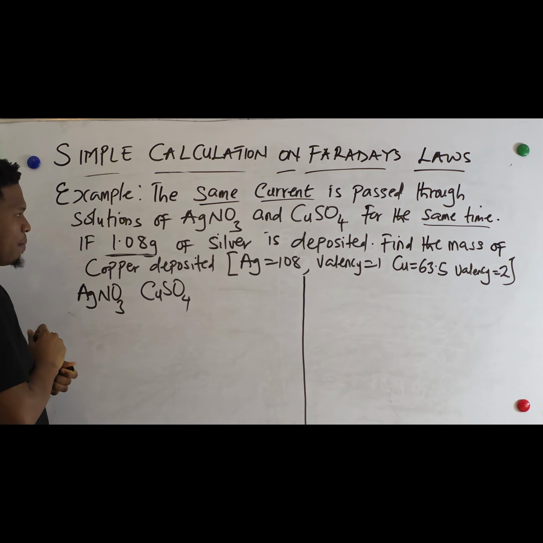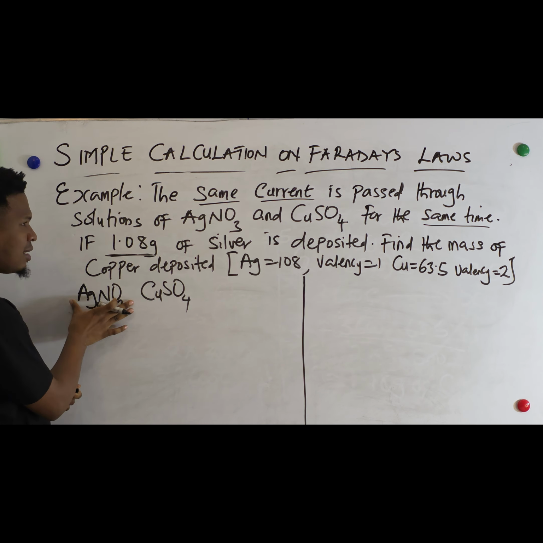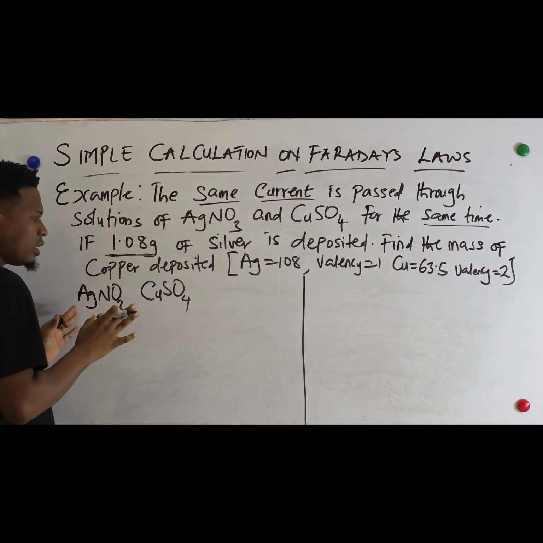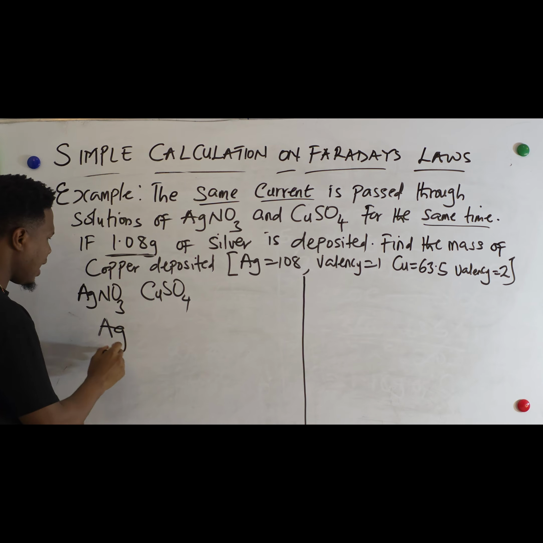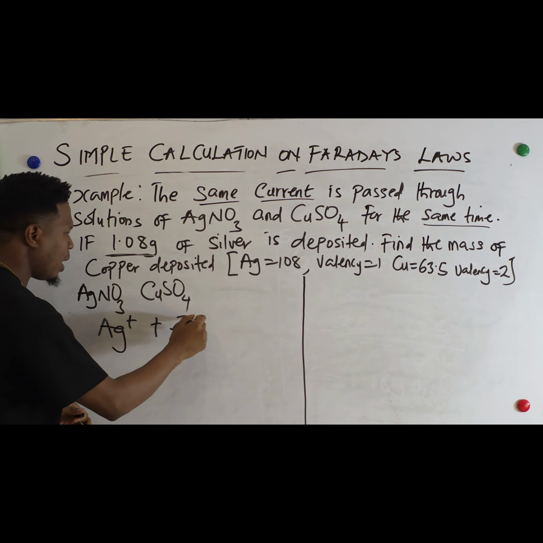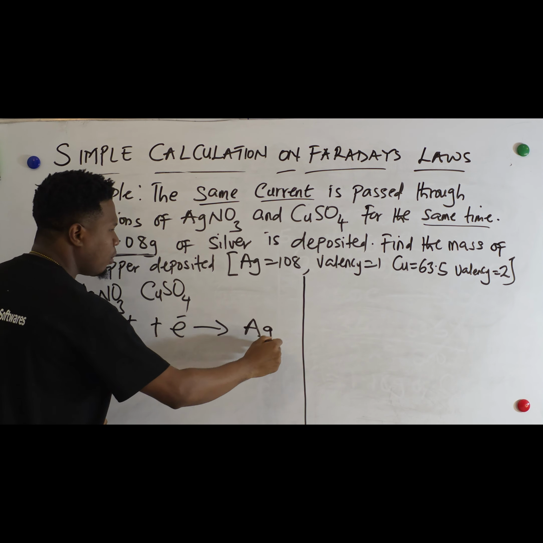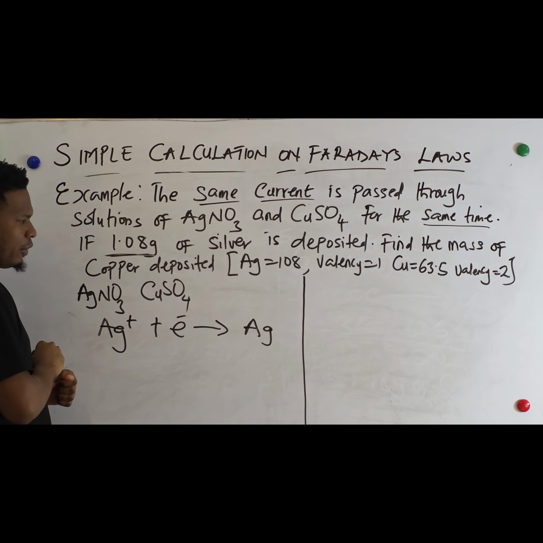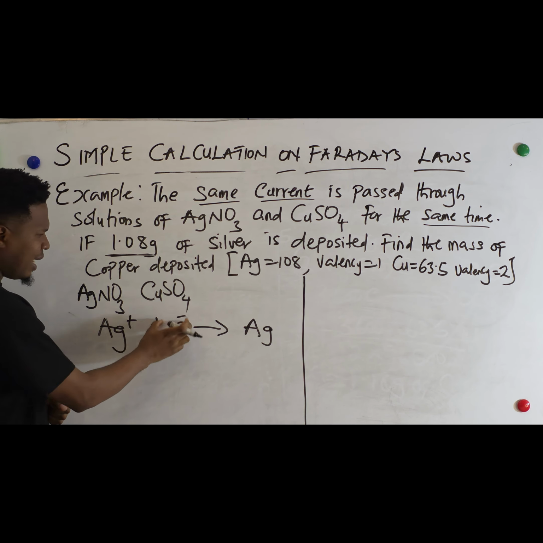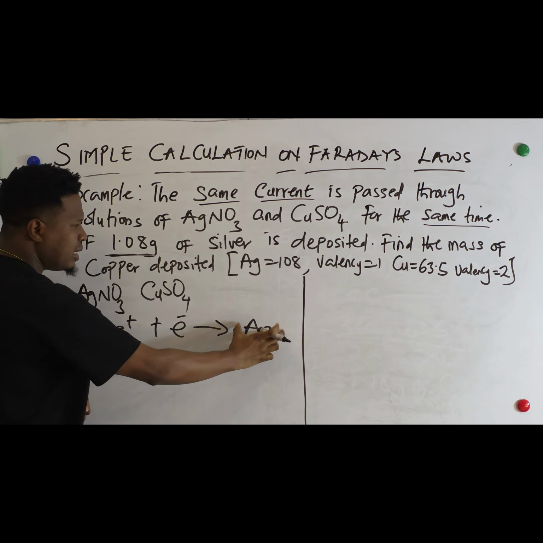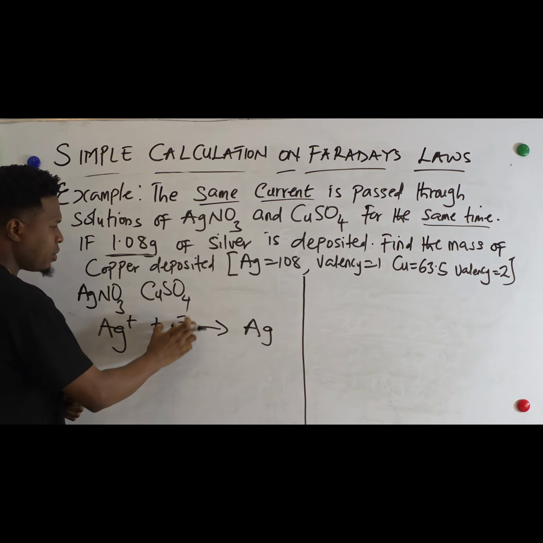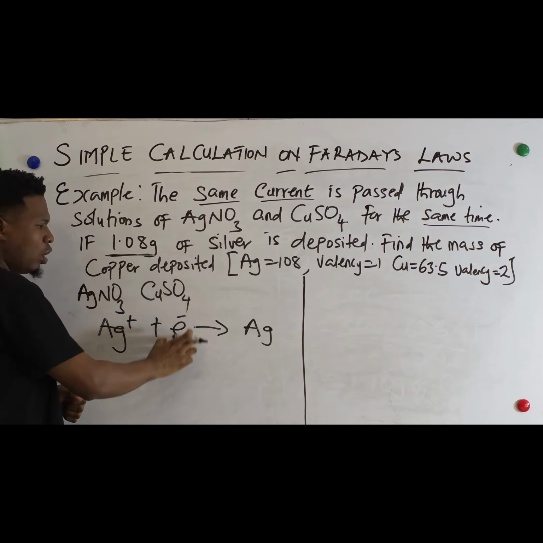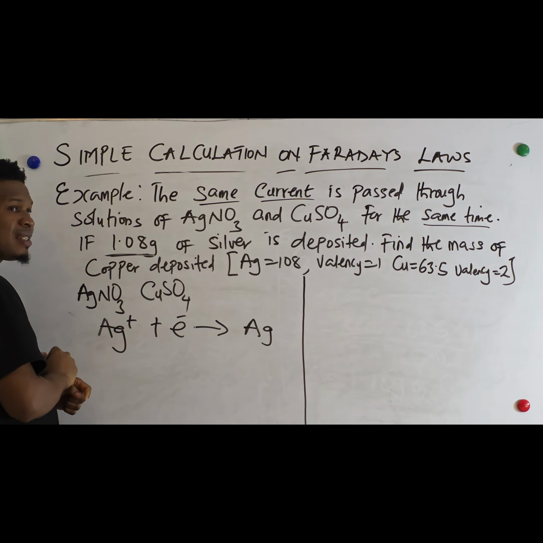It's very simple. When silver nitrate dissociates in water, you have silver ion, which will accept 1 electron to become an ordinary silver atom, which will be deposited at the cathode. In this reaction, 1 mole of electron will deposit this. 1 mole of electron represents 96,500 coulombs, which is Faraday's constant.